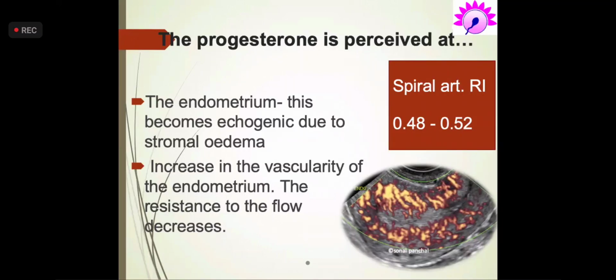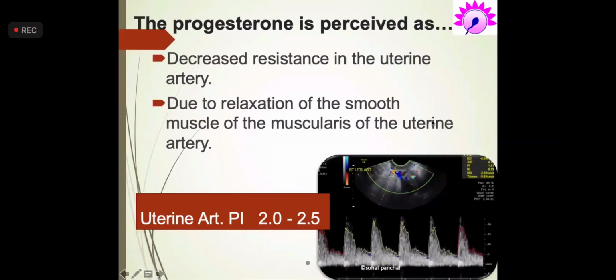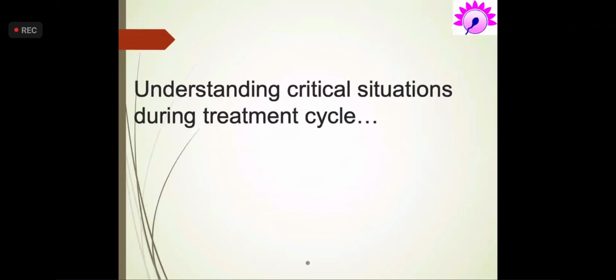That means the endometrium must have sufficient progesterone receptors, and that can be indicated by the endometrial vascularity, which is reaching the inner layers, and that should also have an RI of less than 0.5, round figure. And along with that, it should have a uterine PI of less than 2.5. So, if the uterine and the endometrial parameters are normal, it tells me progesterone production is normal and the progesterone receptors are also well developed.